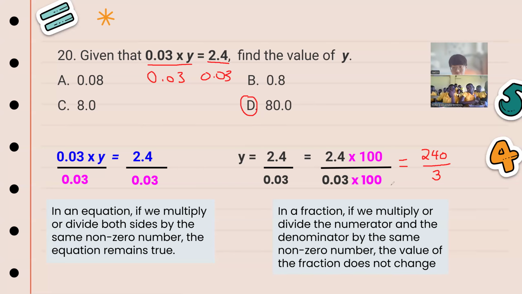That's the same as 240 divided by 3 because we can multiply 100 on both the numerator and the denominator. And 240 divided by 3 equals 80. That's why the answer is D.